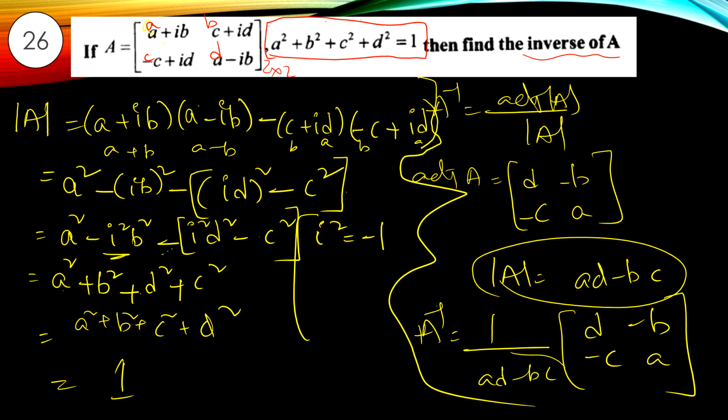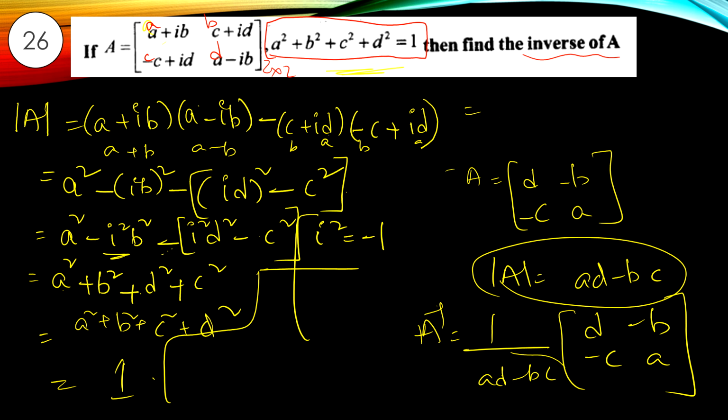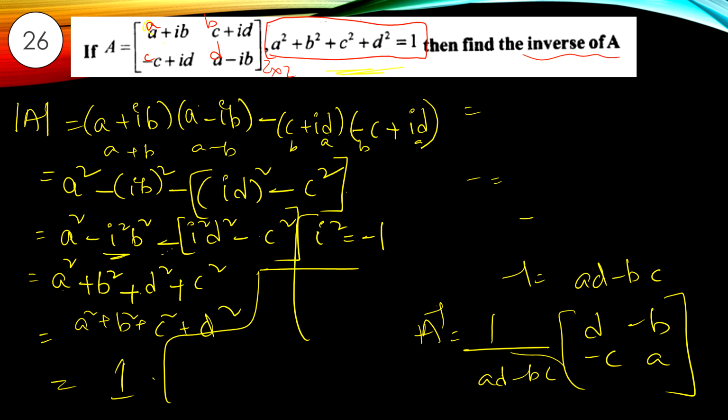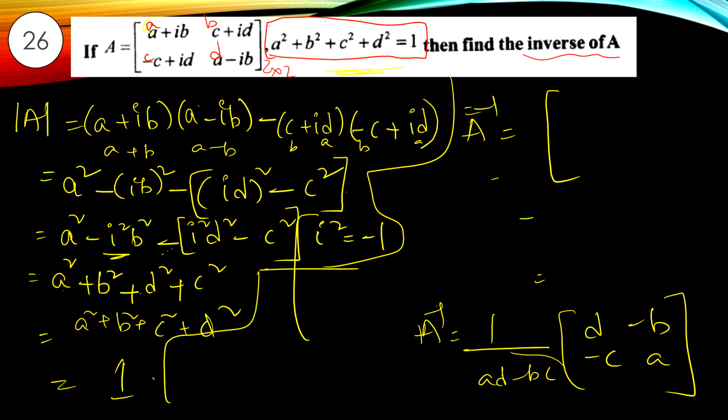A square plus b square plus c square plus d square is equal to 1, right? So simply, here itself I'm removing this because it's a little bit confusing. Okay, so this is the a inverse, right? So from this I'm calculating a inverse, which is adjoint a. So d is a minus ib.